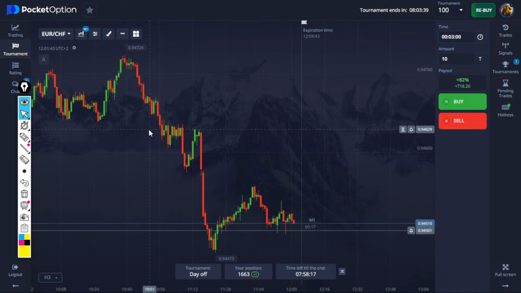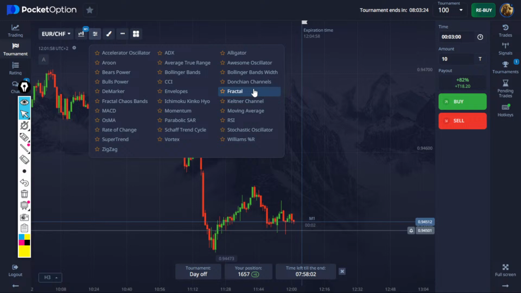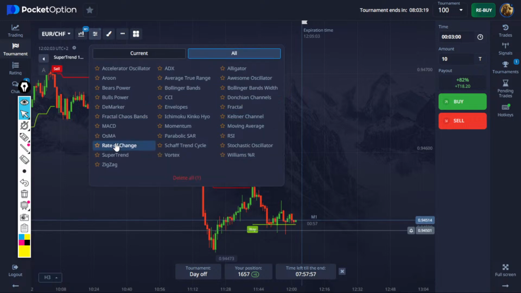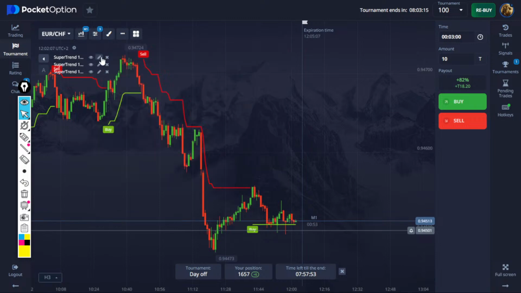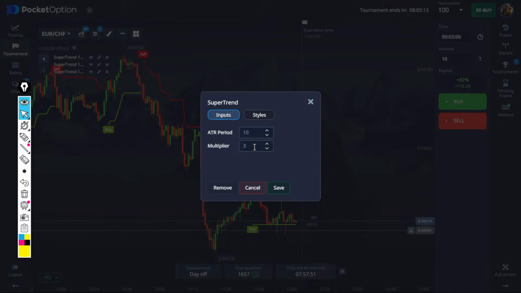Alright. Next, let's go ahead and set up our 3 SuperTrends. So you go to the indicators tab over here, you click on it and you click the SuperTrend indicator over here 3 times. 1, 2, 3, and then we will go ahead and adjust the inputs or the settings of the SuperTrend.